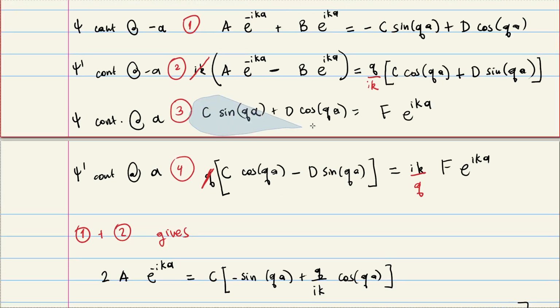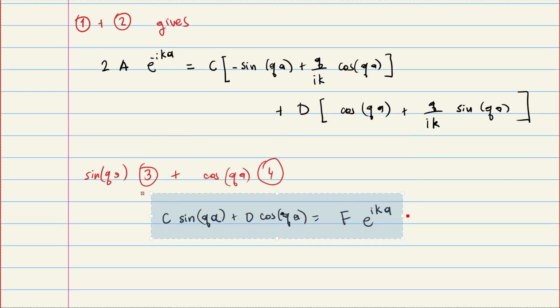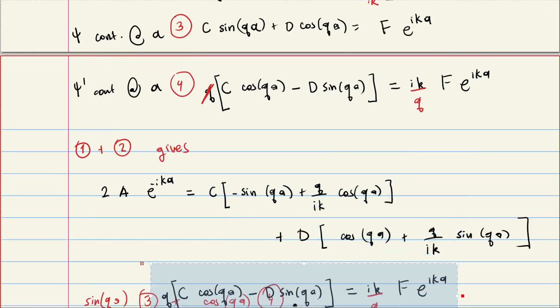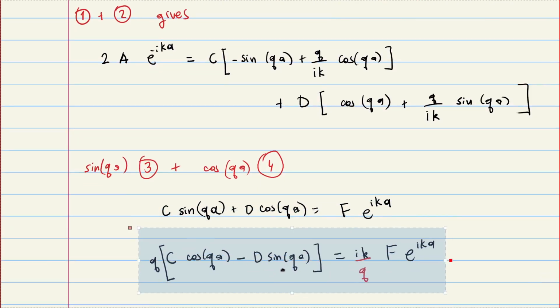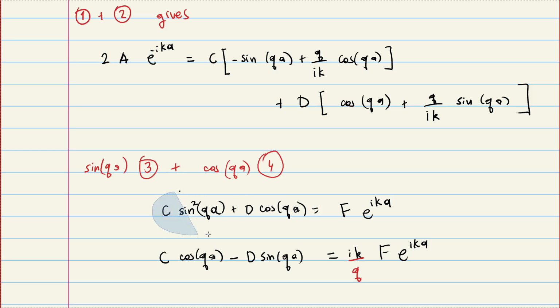So let me write 3 first and multiply with this thing. I will multiply with sine, so this is going to be sine squared, and I'll open a little bit of room here.